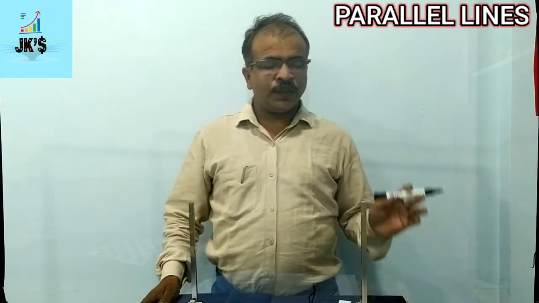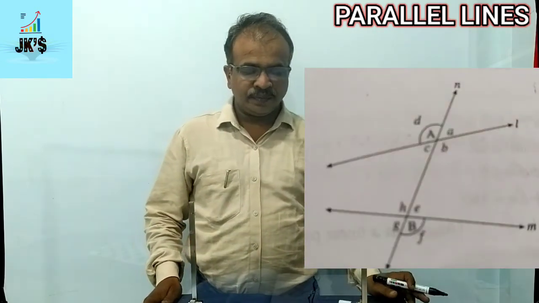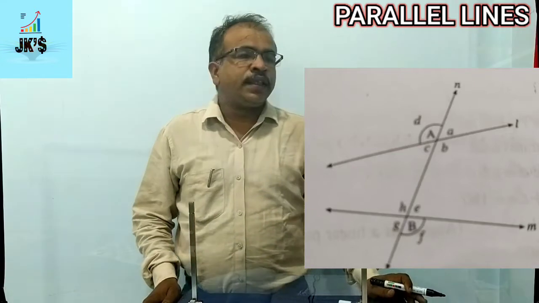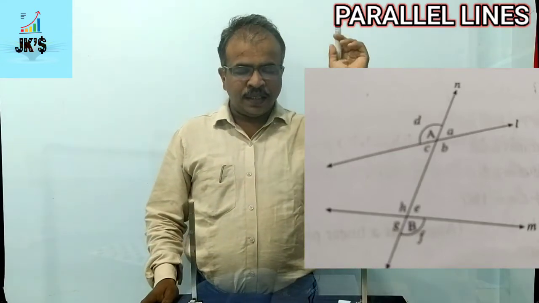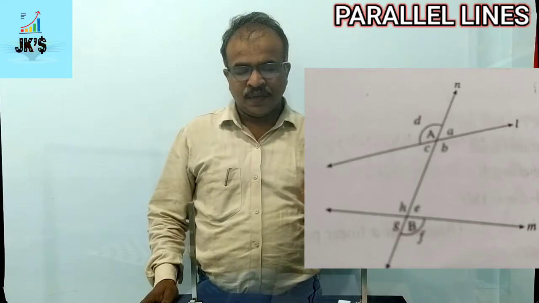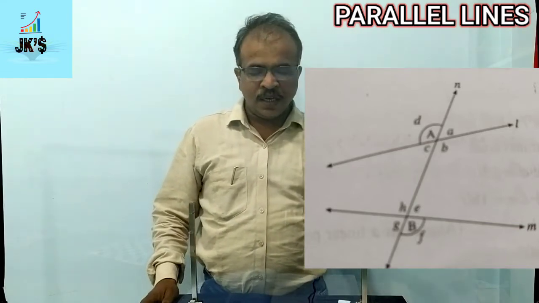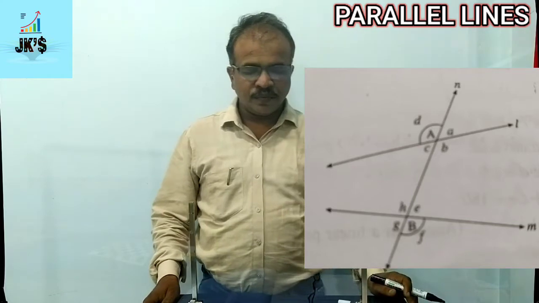Okay. Now the question is about the angles formed by the transversal. Now see this figure. There are two lines L and M, and line N is their transversal.